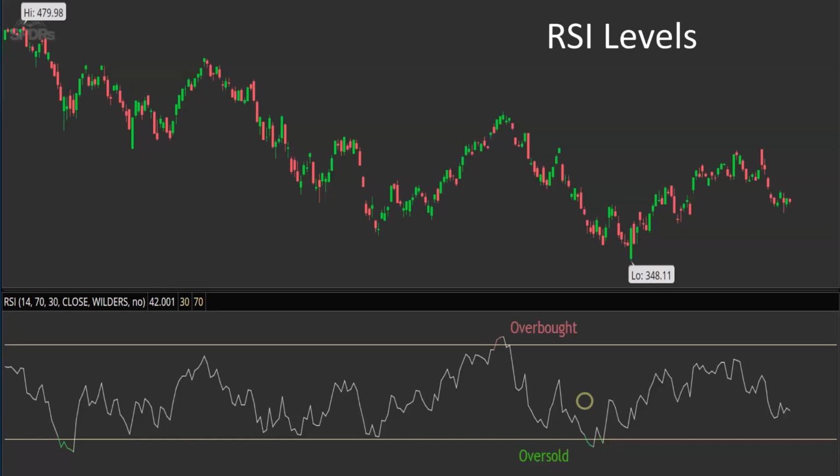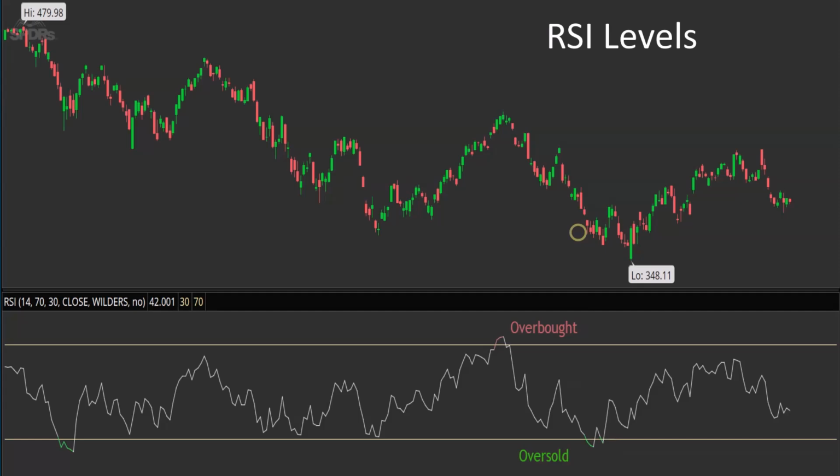And so oftentimes when you're going into a breakout or a breakdown, take a peek at RSI, understand whether or not it's oversold or overbought, because if you're the last person to buy in a breakout, you're typically the first person to lose. And the same goes on the downside.